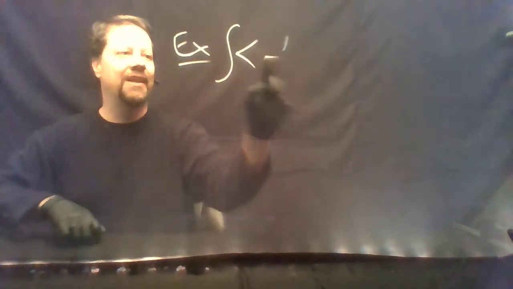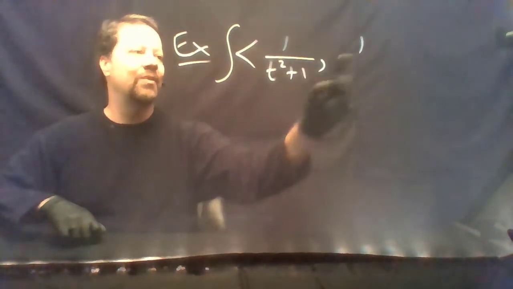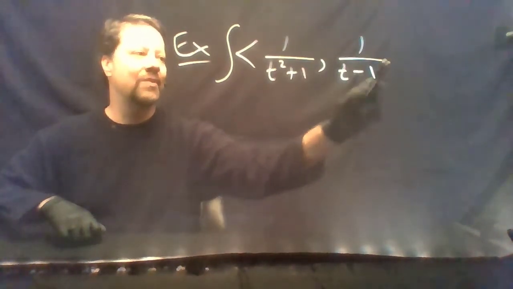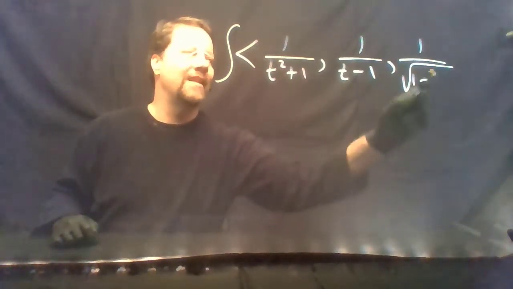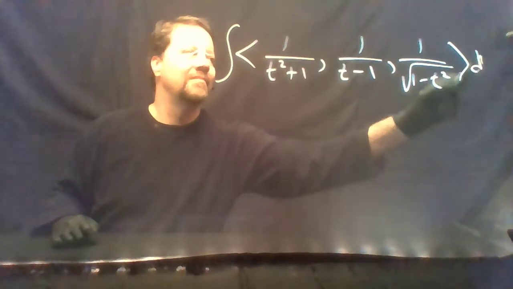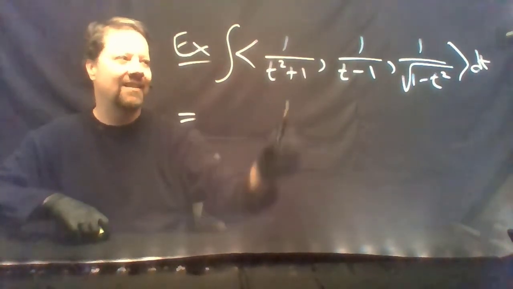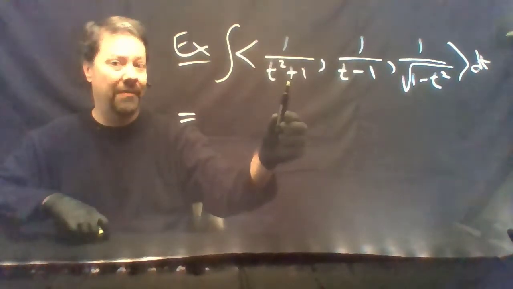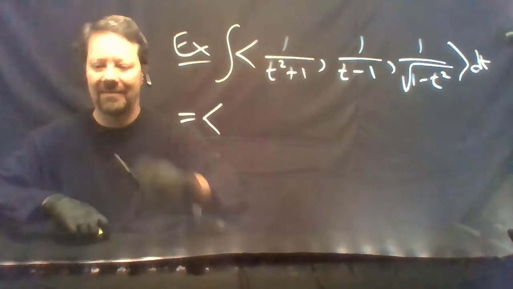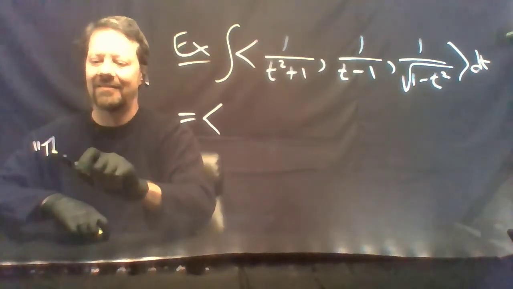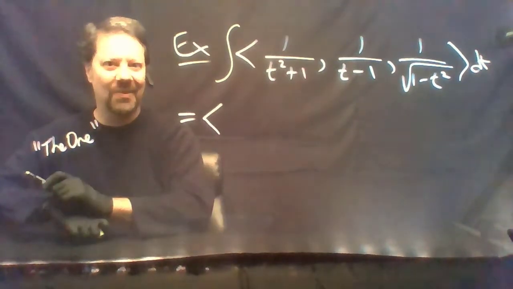Let's suppose we're integrating ⟨1 over t squared plus 1, 1 over t minus 1, and how about 1 over the square root of 1 minus t squared⟩. As you can see, the integral of the first coordinate is the one I want you to know.